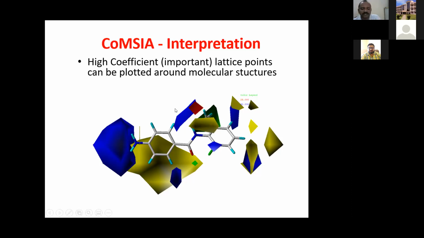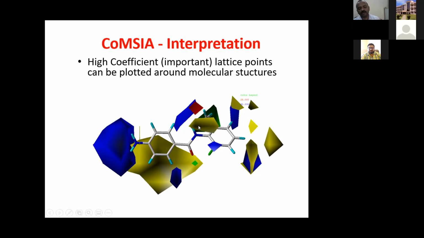This is with respect to CoMFA that we take into consideration. If it is CoMSIA, then hydrophobicity also comes in. We have to give different color codes, and hydrogen bond donor and hydrogen bond acceptor also come in. We have to give different color codes for those. And the beauty of this 3D QSAR is that we get a contour map like this. It guides us to develop newer molecules.